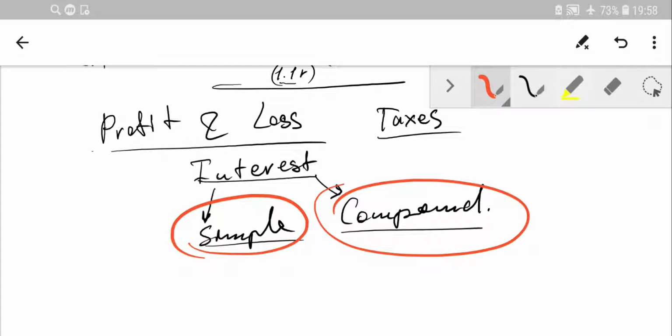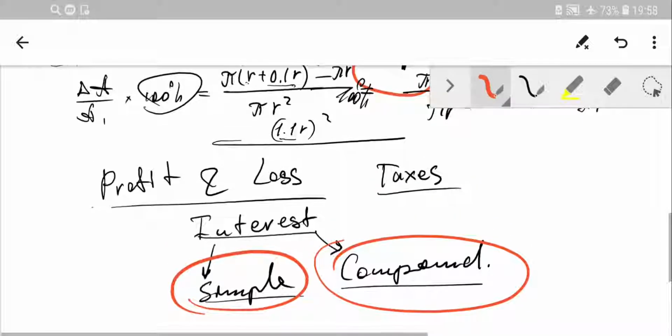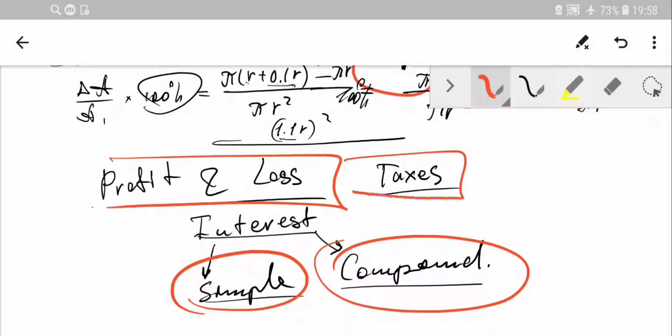So all the details I'll tell you, I hope, in the next video. Probably there will be one more video dedicated to profit and loss and maybe taxes, and only after that we go to interest, because this topic is very significant.